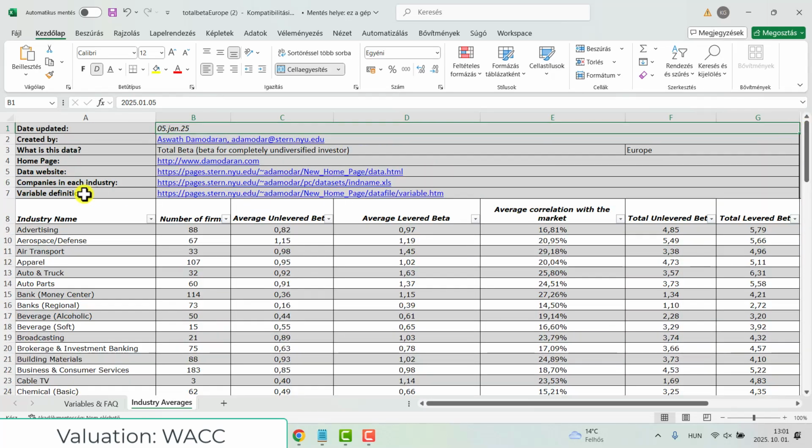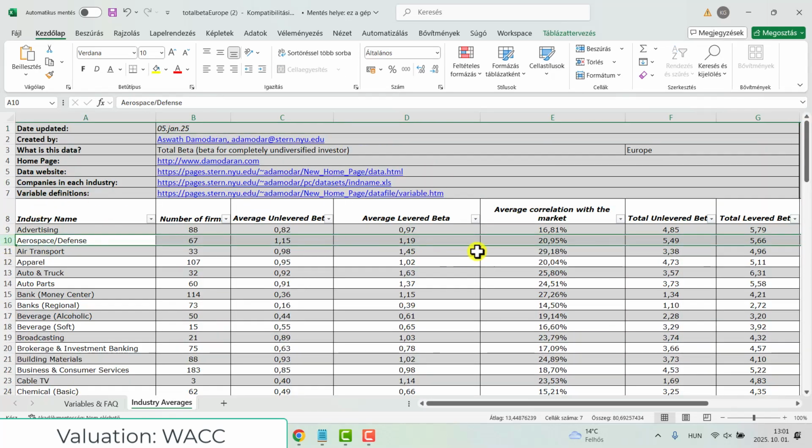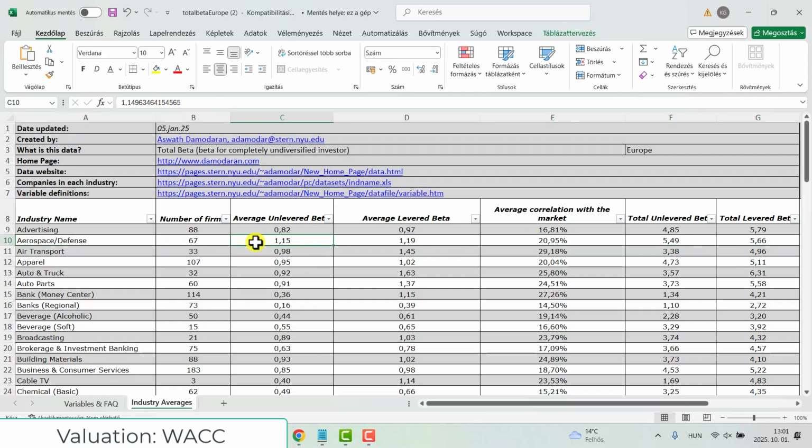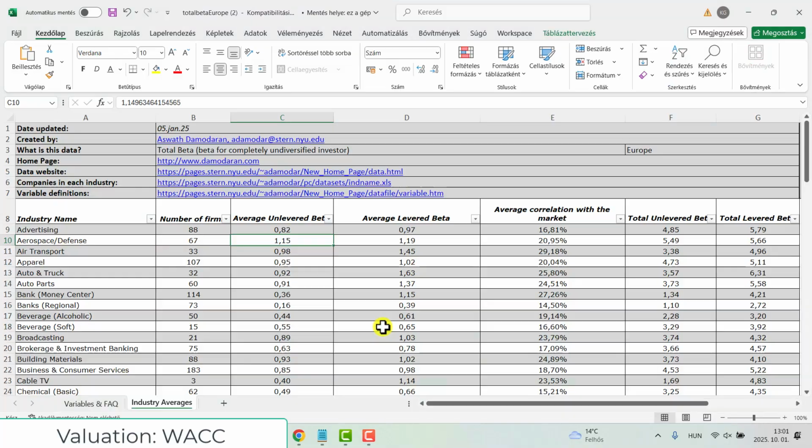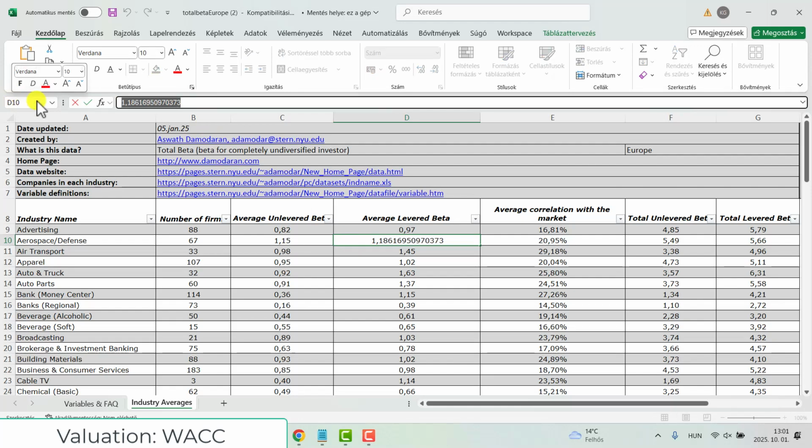And if we go into aerospace and defense, then we can take the average unlevered beta, 1.15. Wow, it's increasing, so we have higher risk than before. Even if leverage is assumed, it will be even higher. Let's pick the higher number.